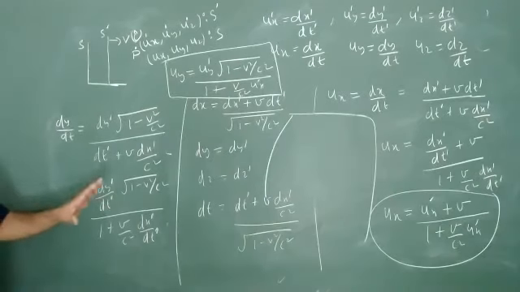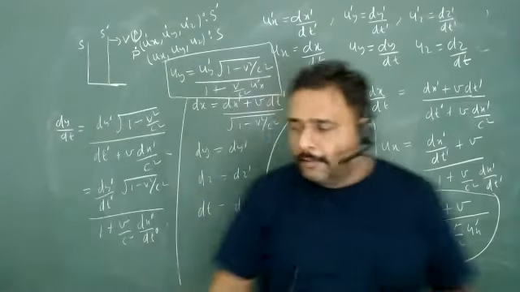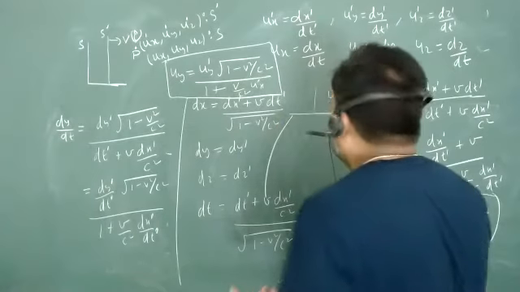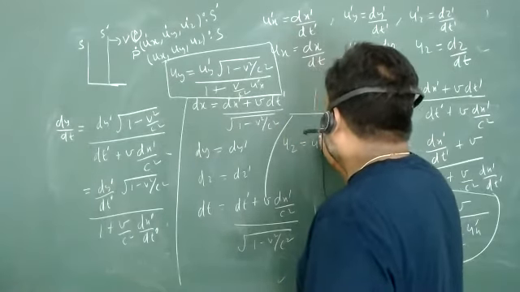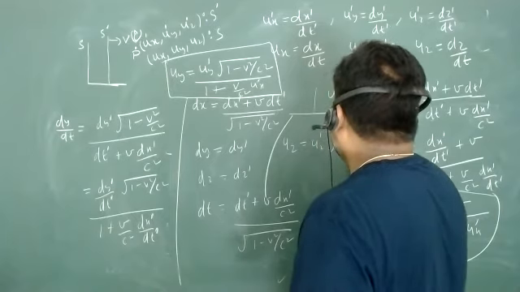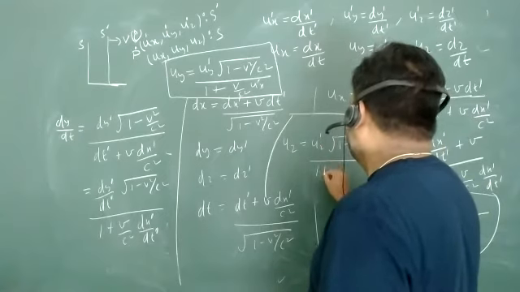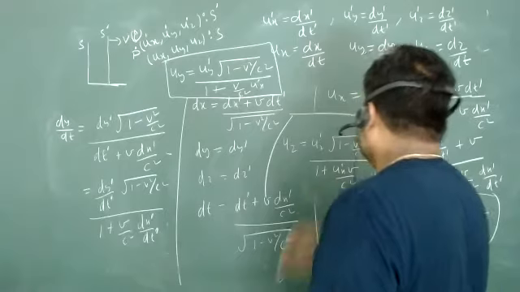That will be exactly like uy. This will follow this symmetry, not this one. So we have uz is equal to uz' root under 1 minus v square upon c square, divided by 1 plus ux' v upon c square.